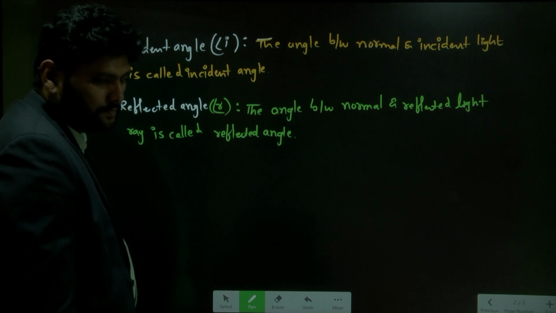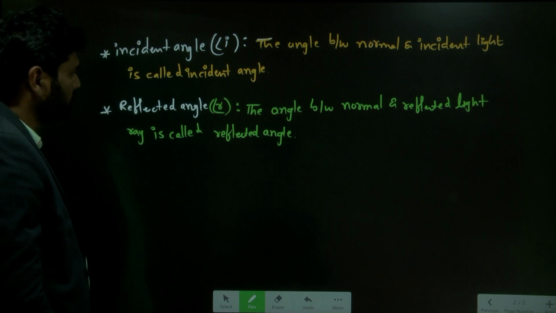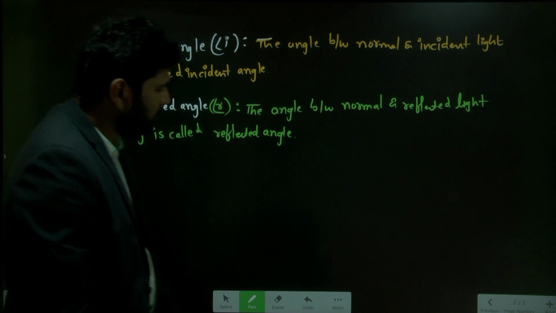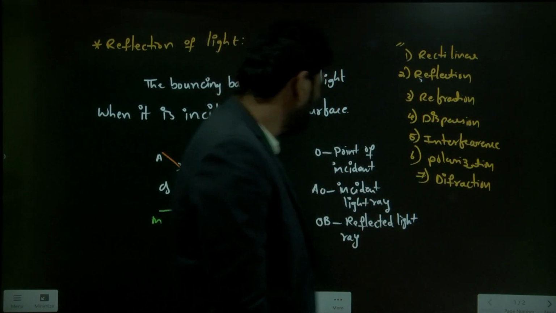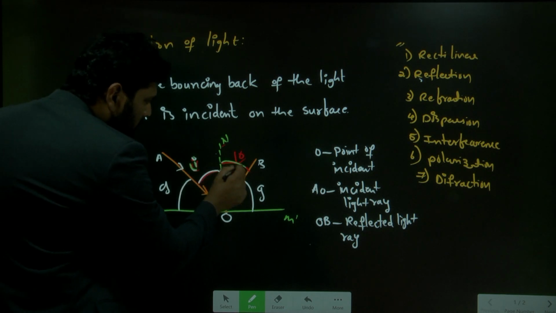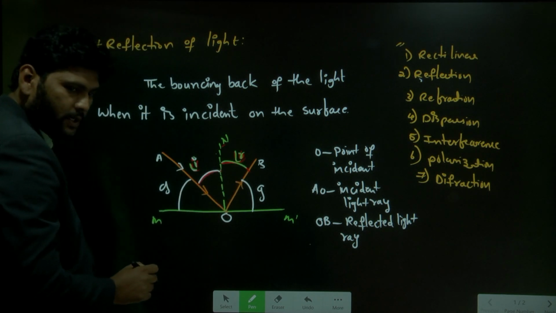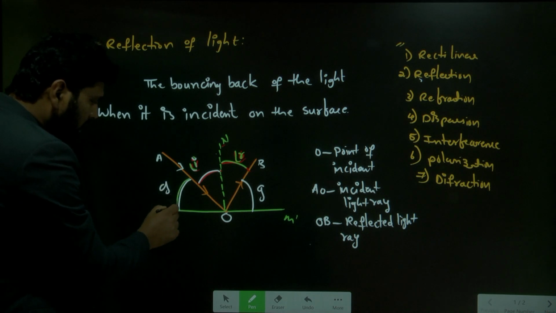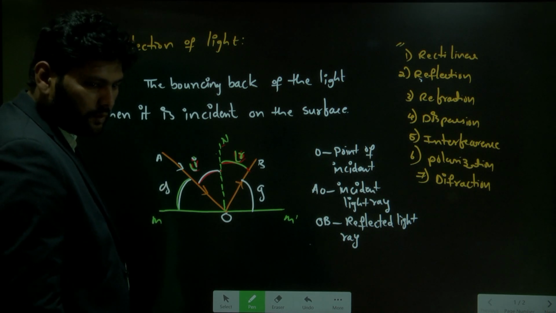Reflected angle. Understand? In a similar way, other angles also we have defined here. This is called the incident angle, this is called the reflected angle. Then what is this angle's name?